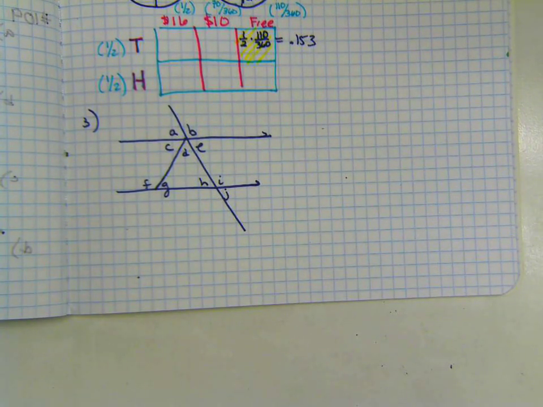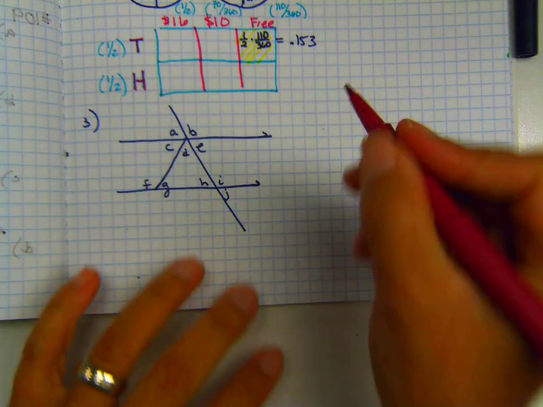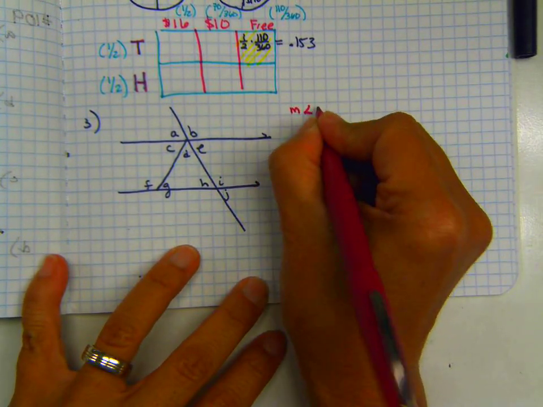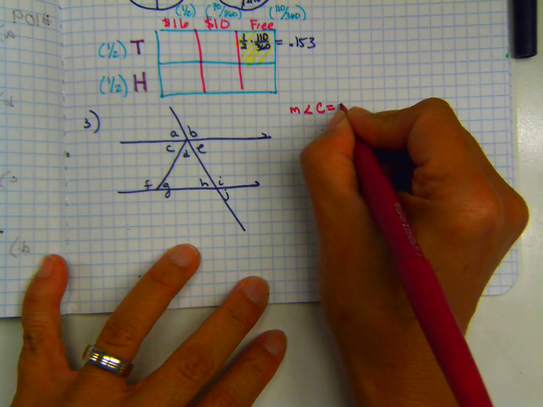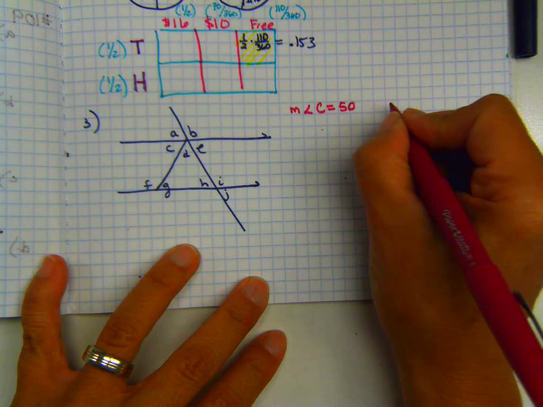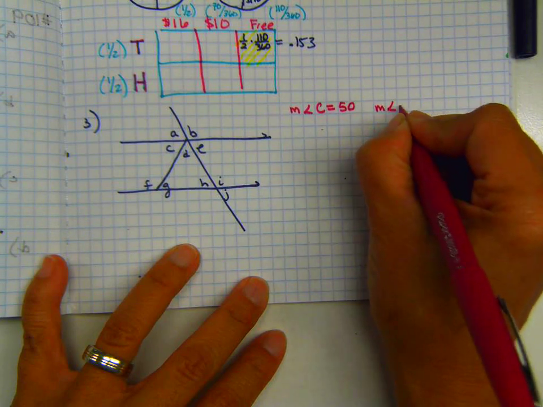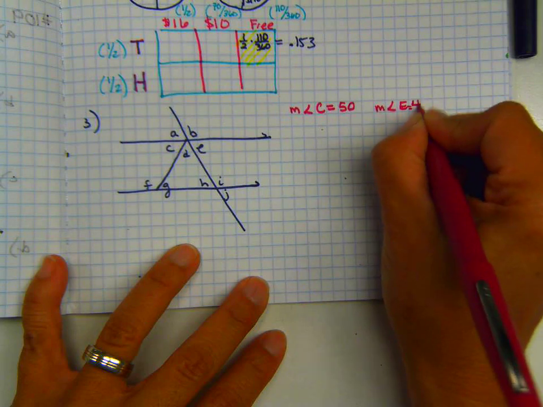I'm going to give you 2 of the angle measurements. So I will give you, let's say, the measure of angle C is equal to, give you a nice number, how about 50? And we'll also give you the measure of angle E. We'll give you 40 for that.